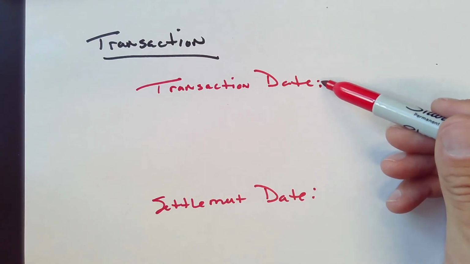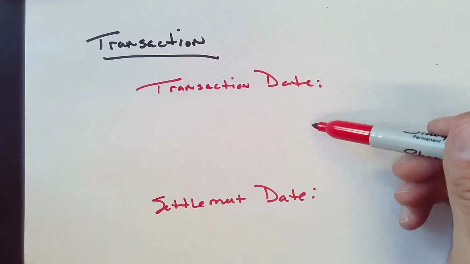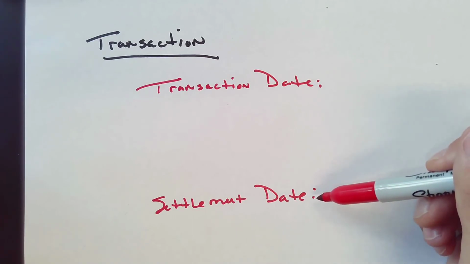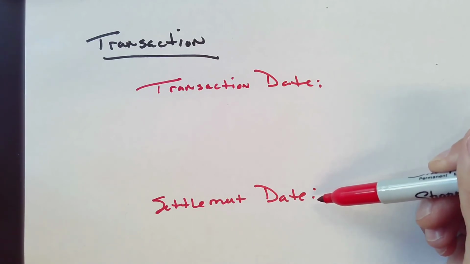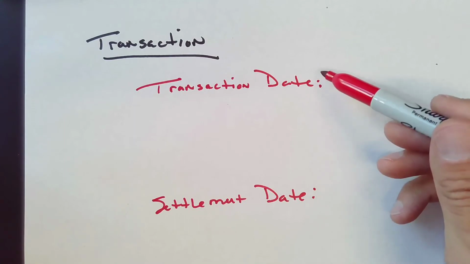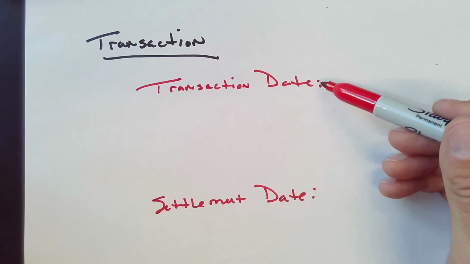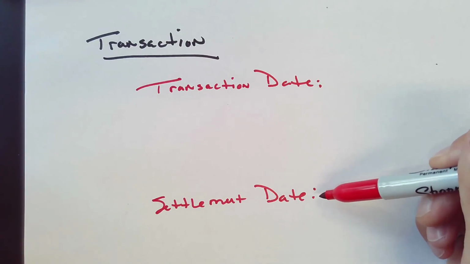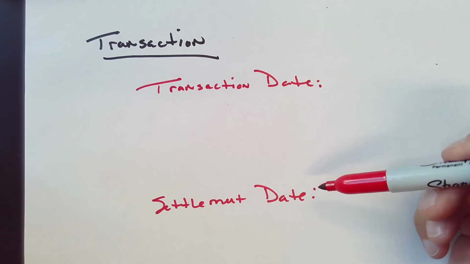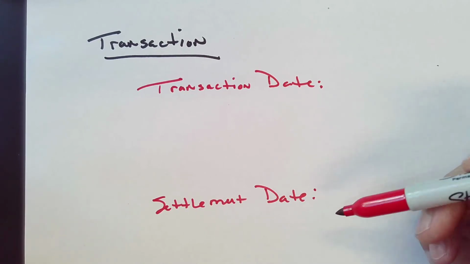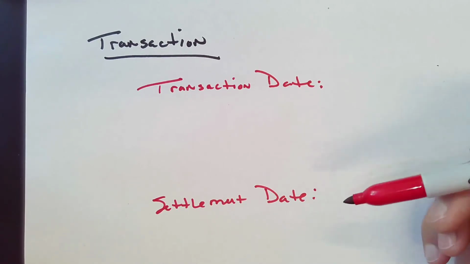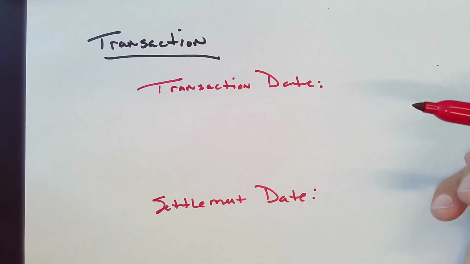But if the transaction date and the settlement date are pretty close together, and they don't jump over the third date, then I really don't have much to do other than execute the transaction and collect the cash. In this particular case, it would be a foreign currency amount, and then turn that into US dollars, or I keep it in the foreign currency sitting in my foreign bank account.